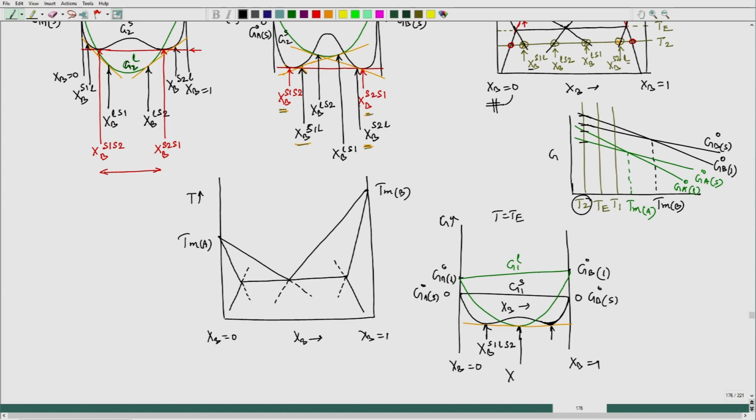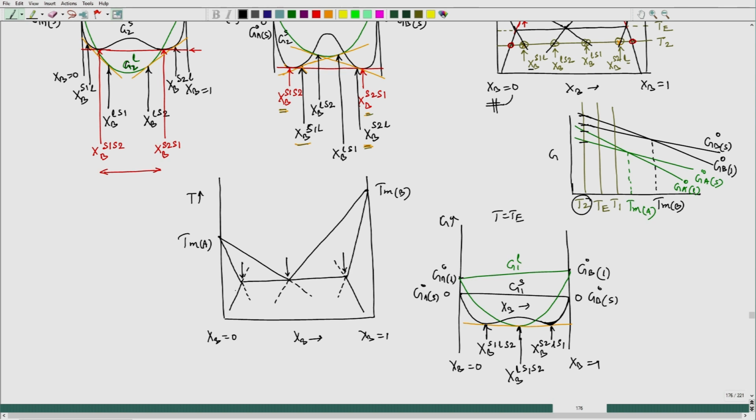This one would be x b of liquid in equilibrium with S 1 and S 2, and this composition is x p of S 2 in equilibrium with liquid and S 1. All three phases will be in equilibrium and those compositions are marked, those are stable compositions.